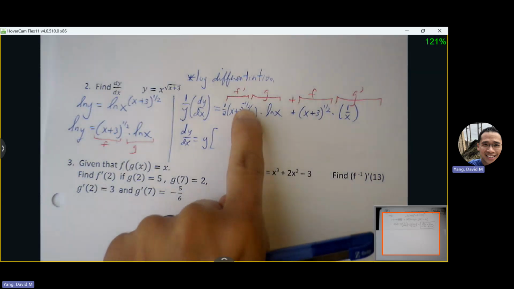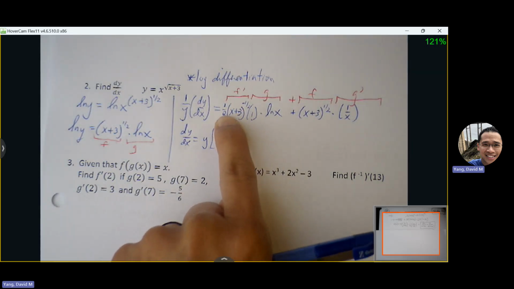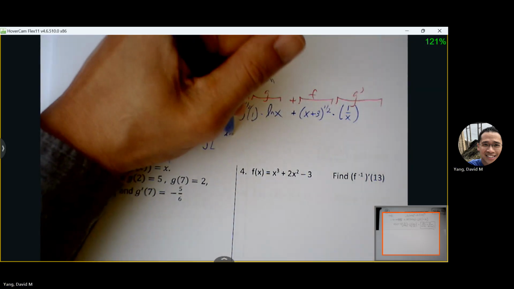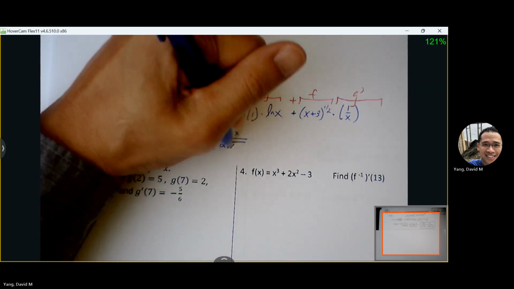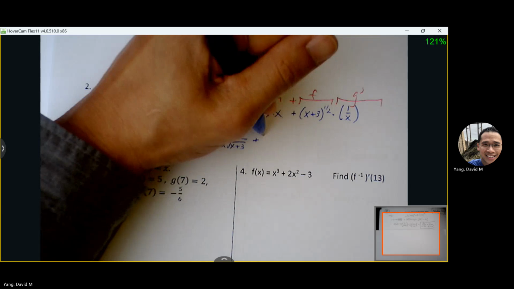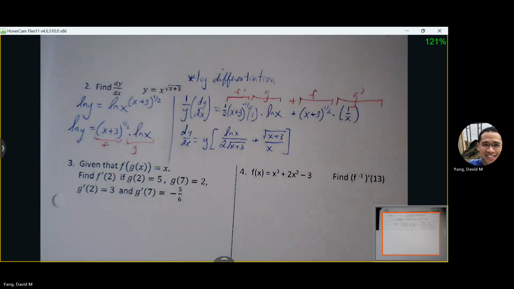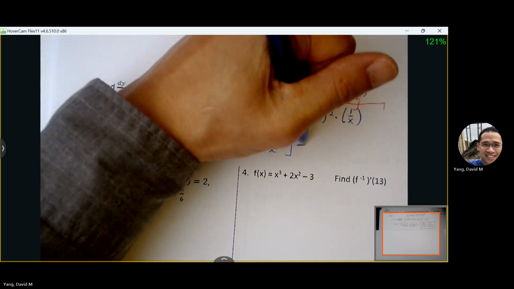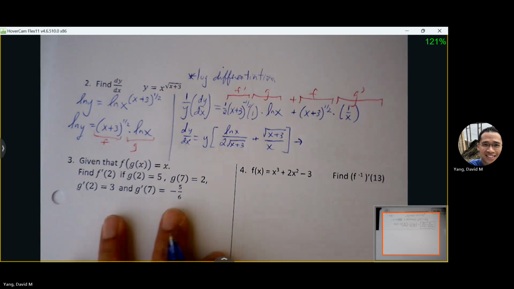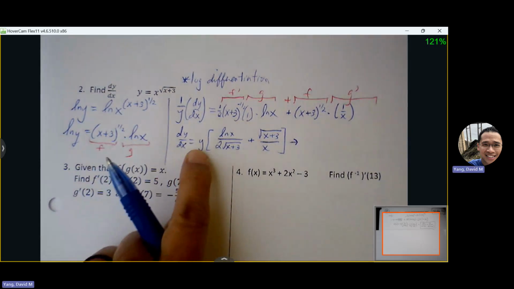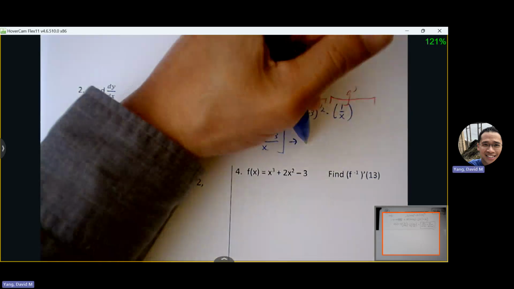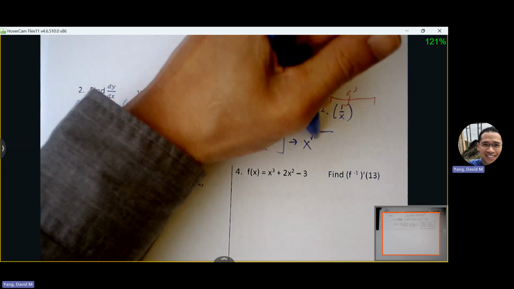The negative exponent, I'm going to push that x plus 3 to the bottom, share the same space as the 2. And finally, replace the y with my original function. So this is my final derivative answer here.